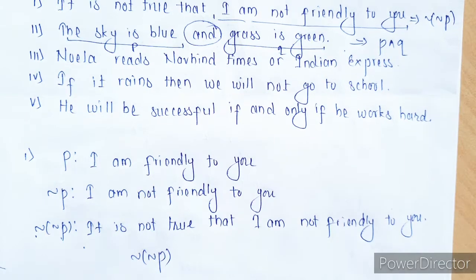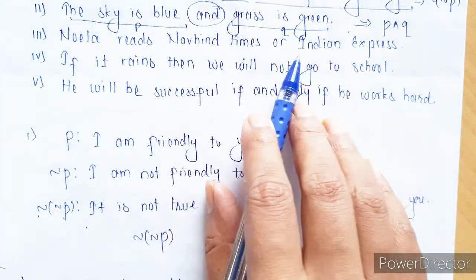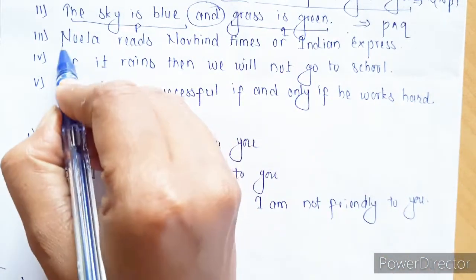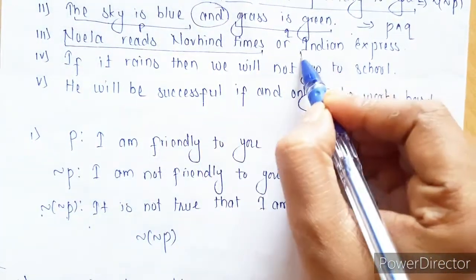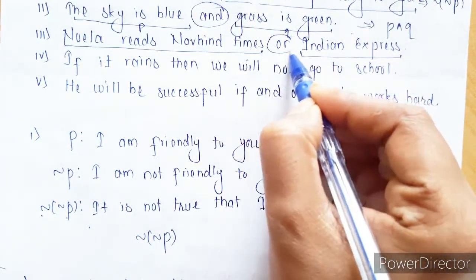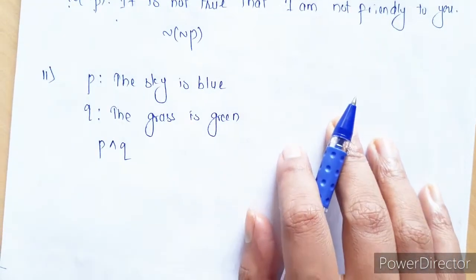Next one, Noella reads Navhin Times or Indian Express. Again, we can write this as one statement and a second statement, and they are connected using the connective OR, disjunction. So, what will be statement P?